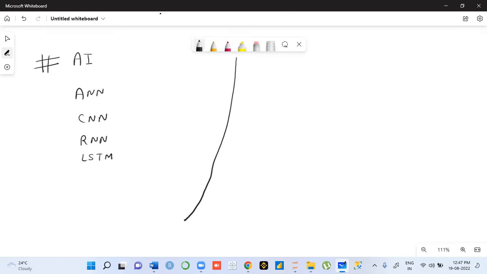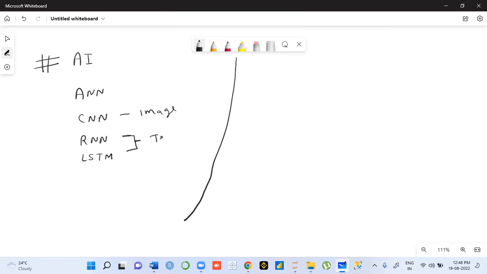Next, we have collected data in terms of image, suggestions, and voice. Whenever we have image data, we prefer to work on CNN. When we have to do a suggestion of next word prediction, what the next word a person is going to type on Twitter or on WhatsApp should be, that time we use RNN and LSTM.